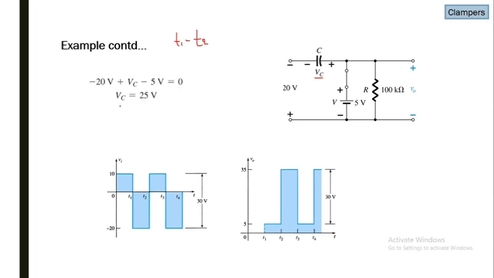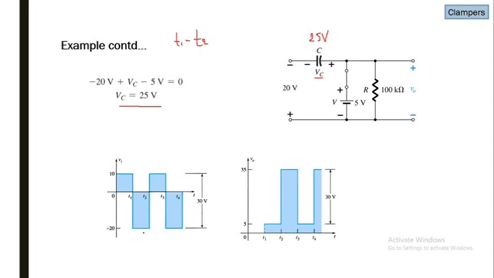This will give us Vc equal to 25 volt. That means the capacitor will be charged up to 25 volt for this negative half cycle.